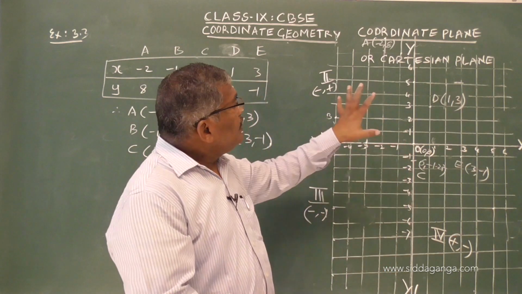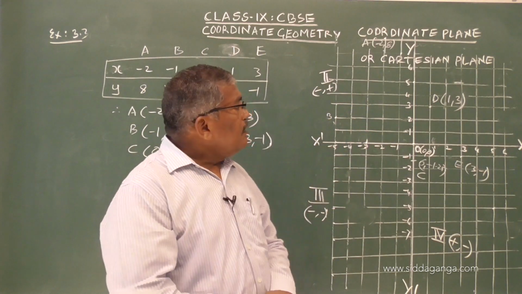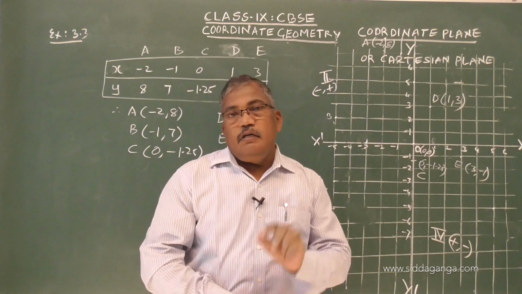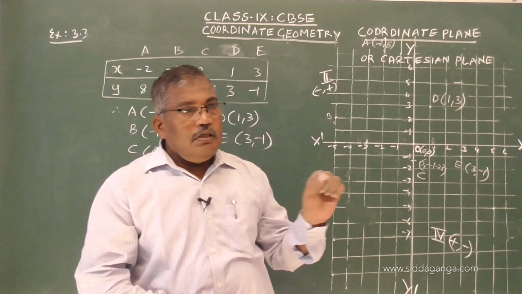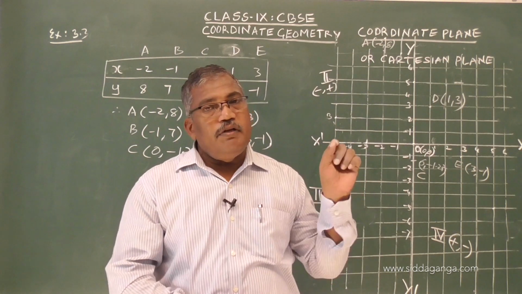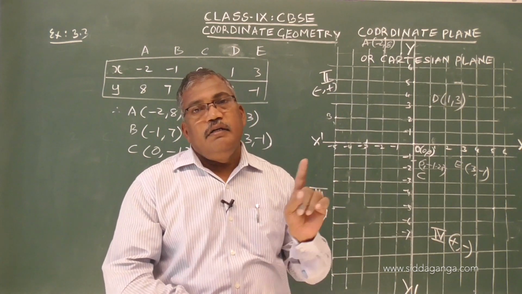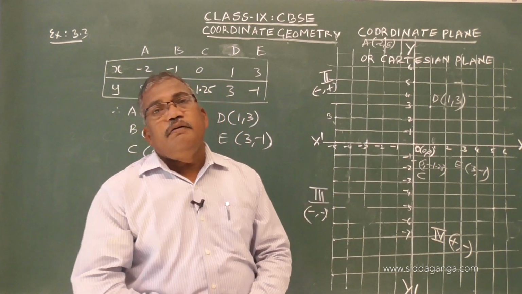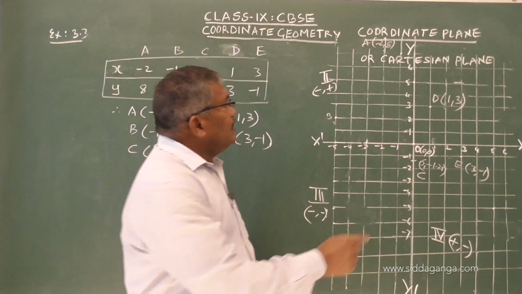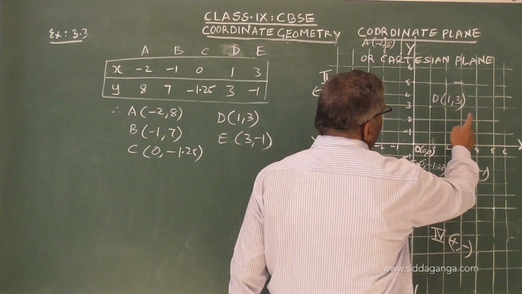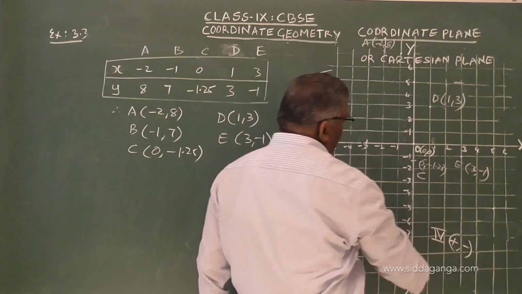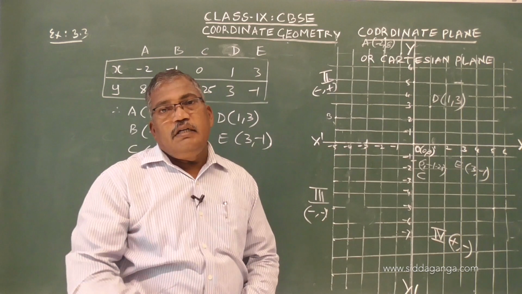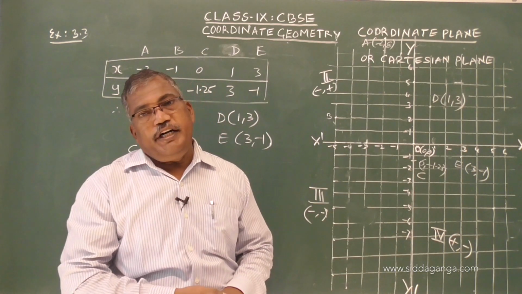Now this becomes the coordinate plane. If you want to plot any point on the plane, the perpendicular distance of that point from the y-axis, the horizontal distance, is called the abscissa, and the vertical distance is known as the ordinate.